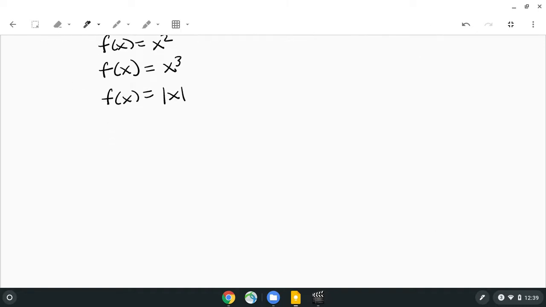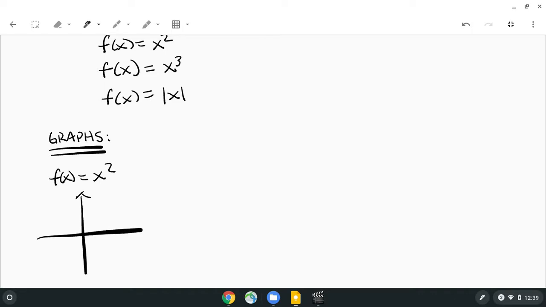Okay, and so let's just formally show that here. We had said f of x equals x squared. When we start translating these, you start off with the parent function like this, and then you'll be shifting this exact graph. Because again, translating it will keep the shape. It'll just move it.